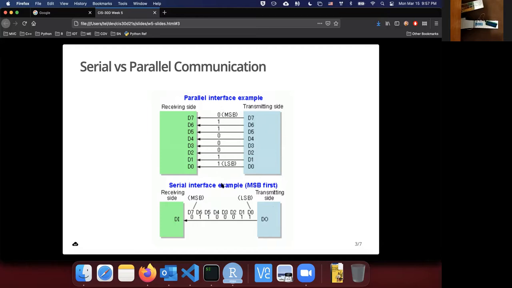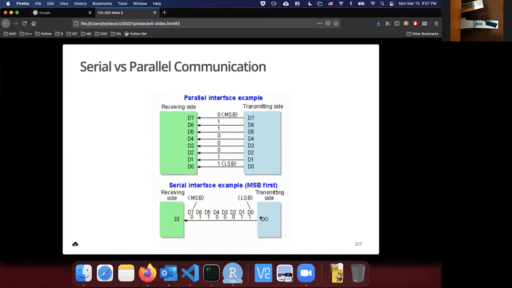Now we are only sending this data on a single data wire, and we send these 8 bits one by one, starting with the most significant bit and ending with the least significant bit. So this is the serial communication mechanism.